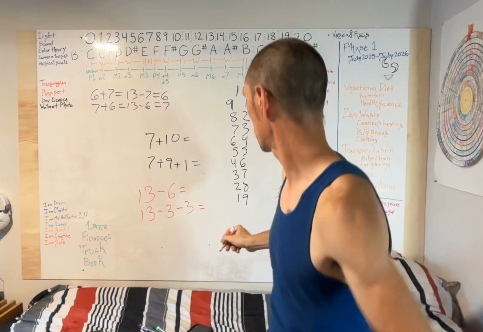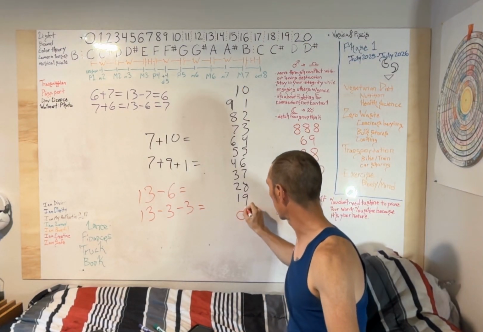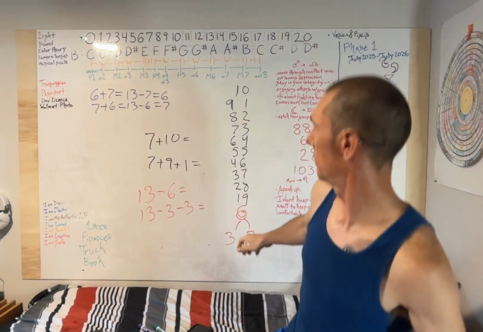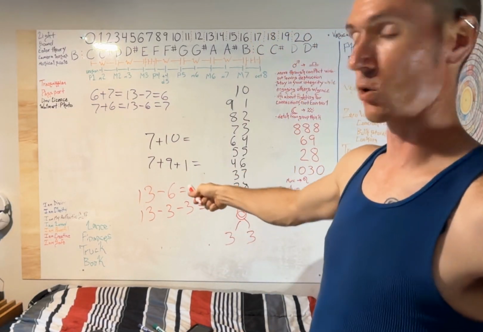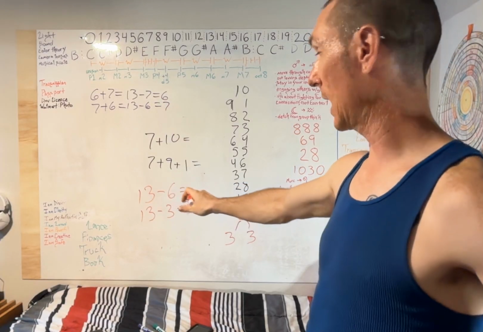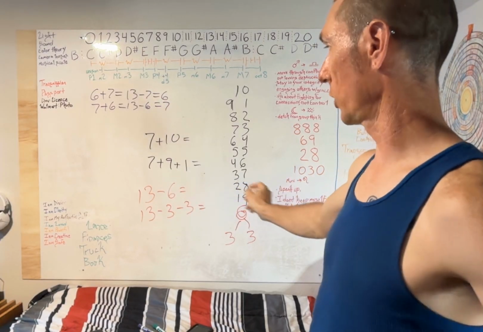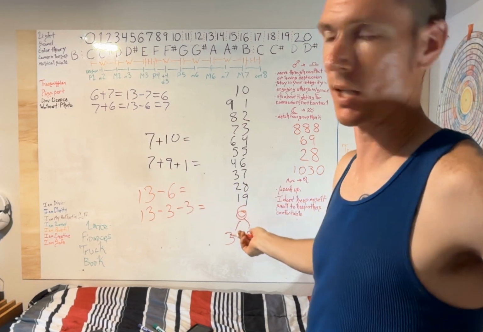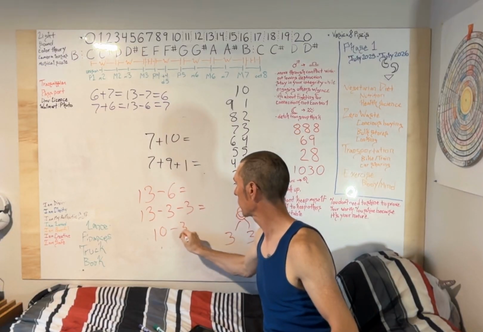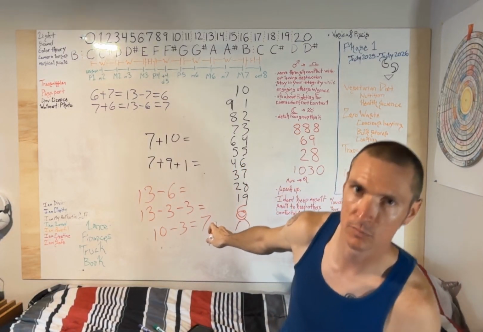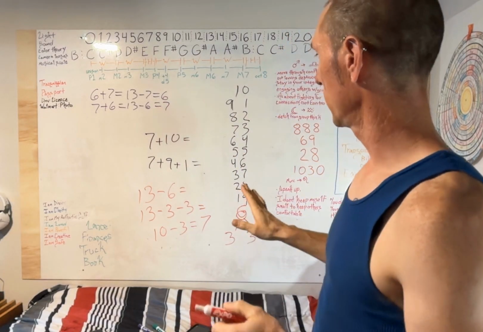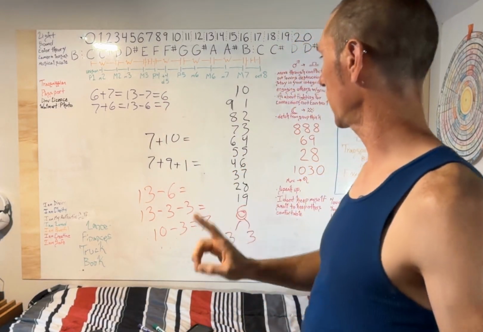So 6 is 3 and 3. You break 6 up into the counterpart of whatever gets you down to 10. You're left over with another 3, and then 10 minus 3 is 7. So this changes into 10 minus 3 equals 7. Right? Okay. All right. I'm starting to get it.